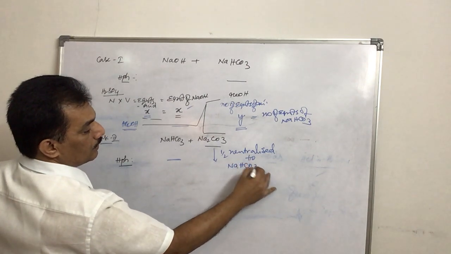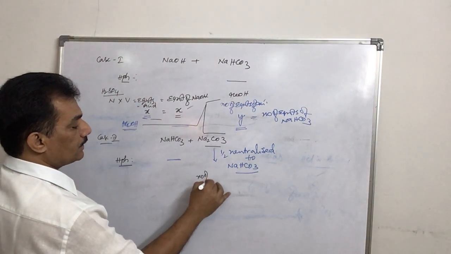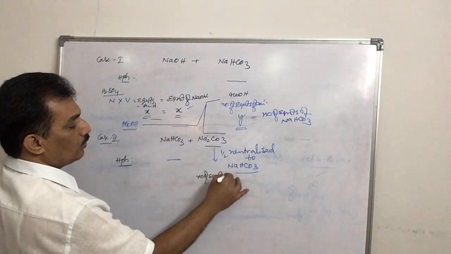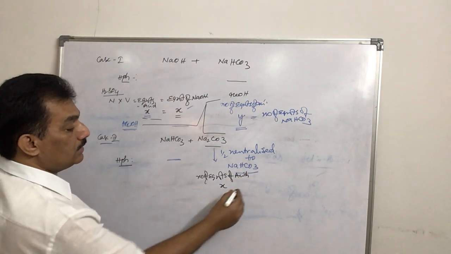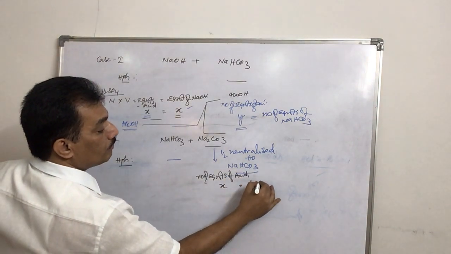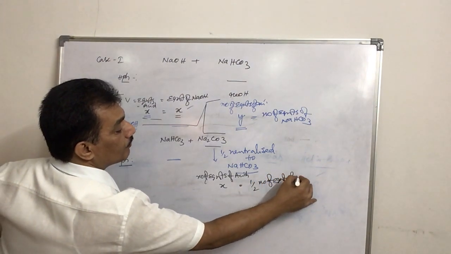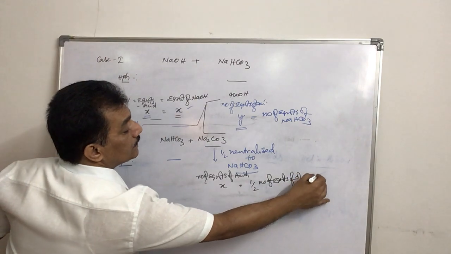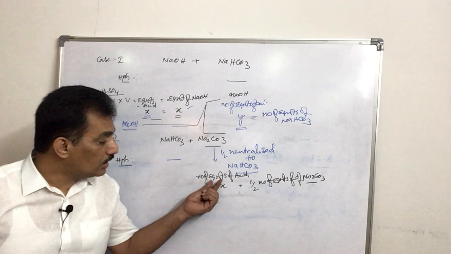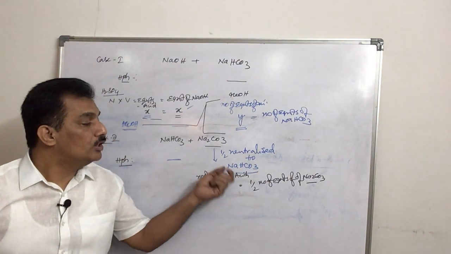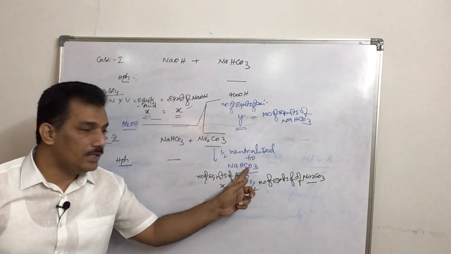So if the number of equivalent weights of acid is X, this is equal to half the number of equivalent weights of Na2CO3, because the total equivalent weights of acid are used for the neutralization of half of the Na2CO3 into NaHCO3.